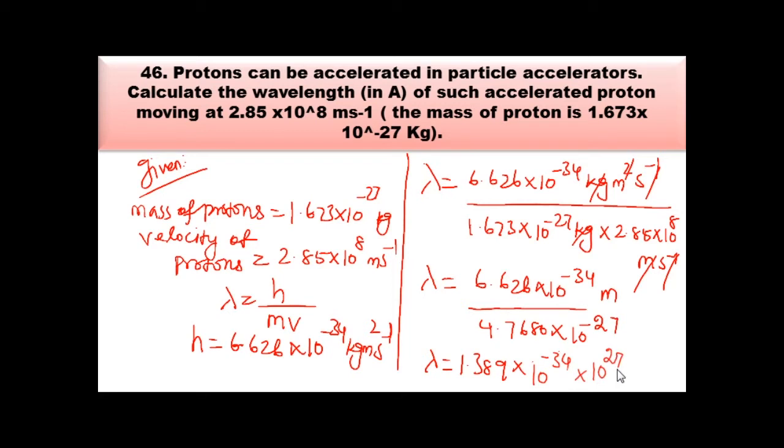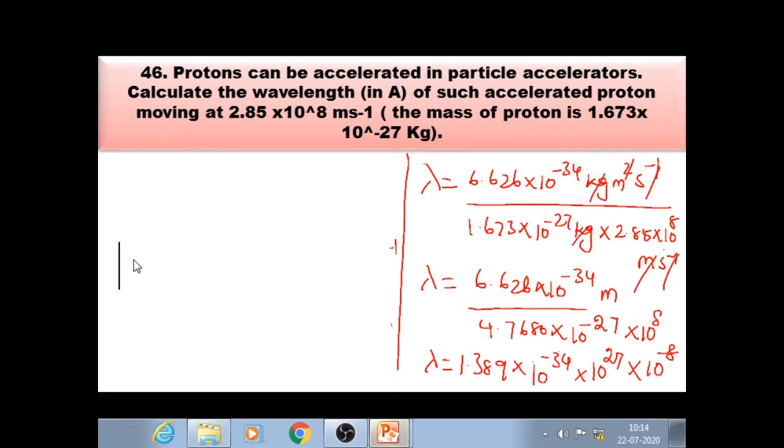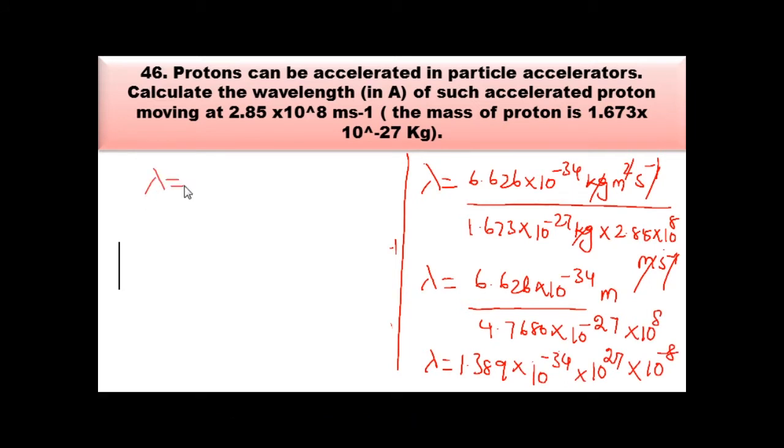Because 10 power minus 27 comes to the top, it becomes 10 power plus 27, and then multiplied with 10 power minus 8, since 10 power plus 8 comes to the top and becomes 10 power minus 8. So the answer, lambda equal to 1.389 into 10 power minus 15 m.